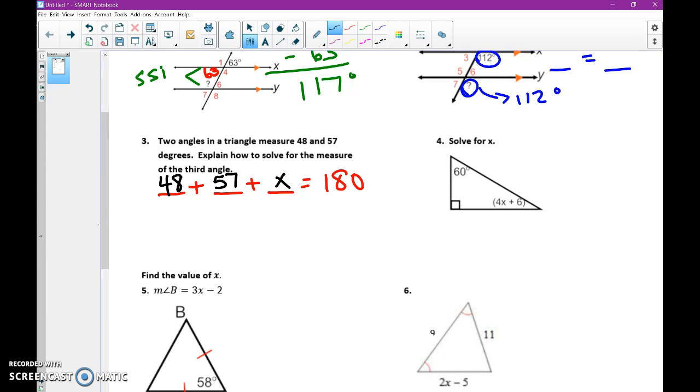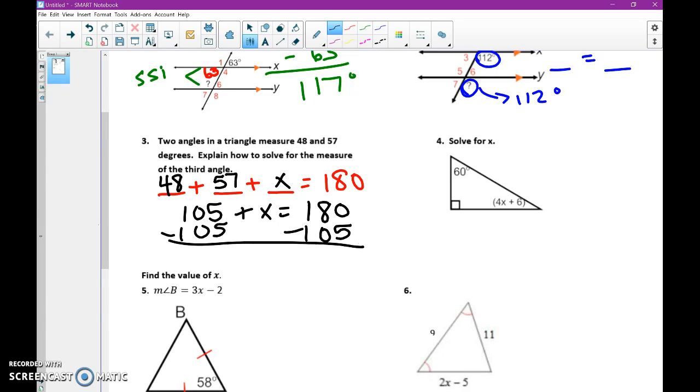So I'm just going to double check so I don't make a stupid mistake during my video. 105, okay, it is that. Plus x equals 180. Get rid of this guy, which really is what you were doing. 48 and 57 together, take away the difference, and we end up with 75. So no matter what, you should have somehow explained how you got 75 degrees for the last one.